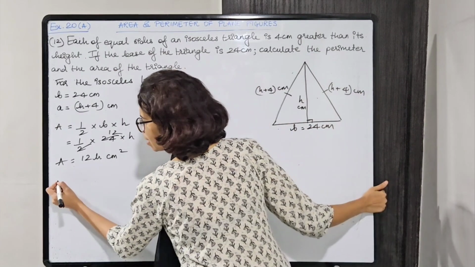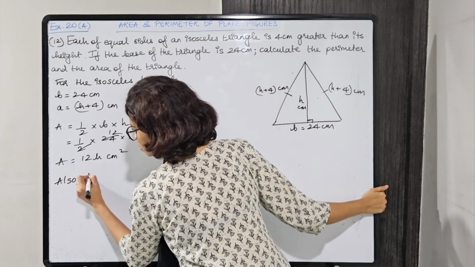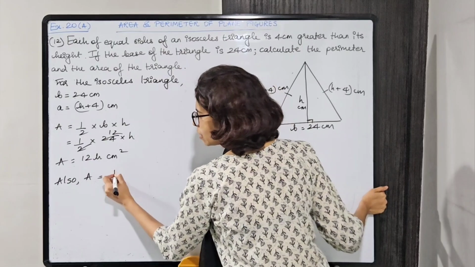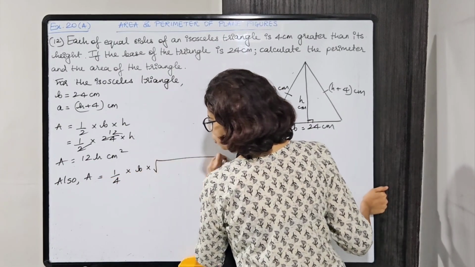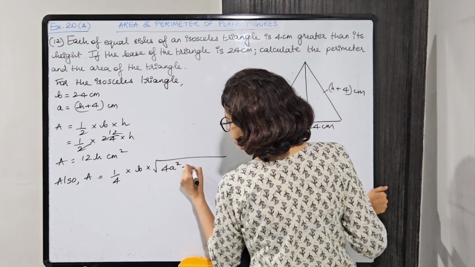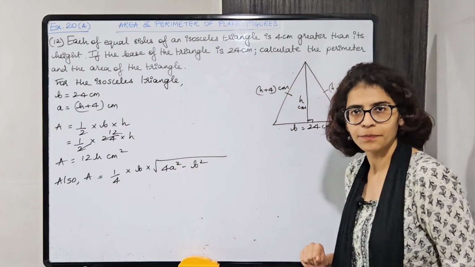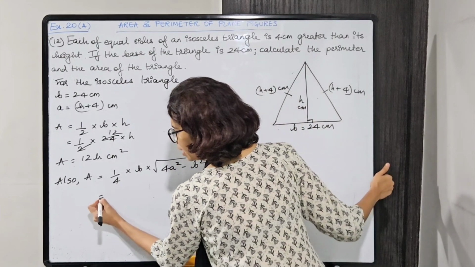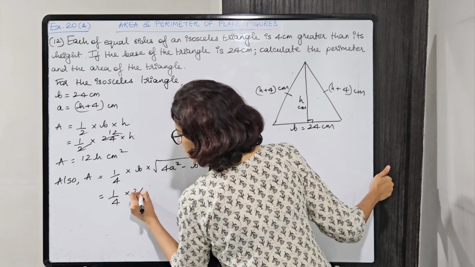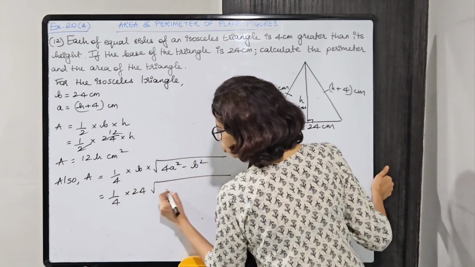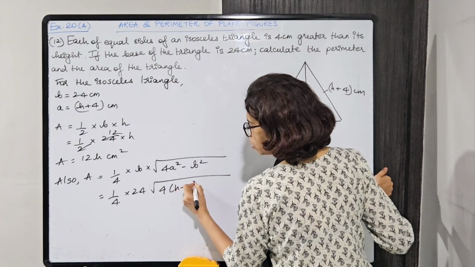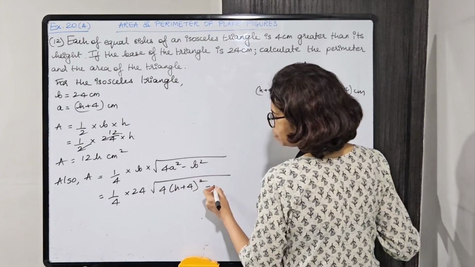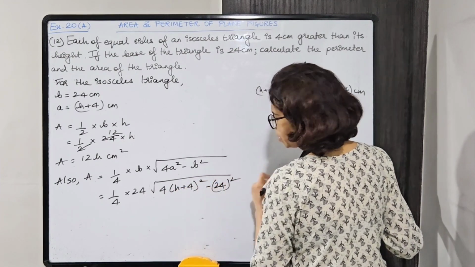I can say area for isosceles triangle will be 1 by 4 into b into root of 4a square minus b square, right? So area will be 1 by 4 into 24 into root of 4 into (a is h plus 4) the whole square minus (b is 24) the whole square.